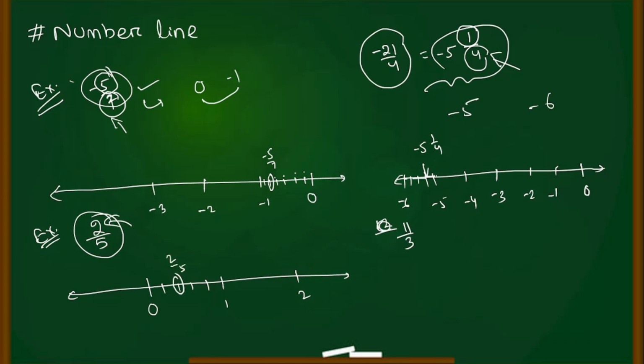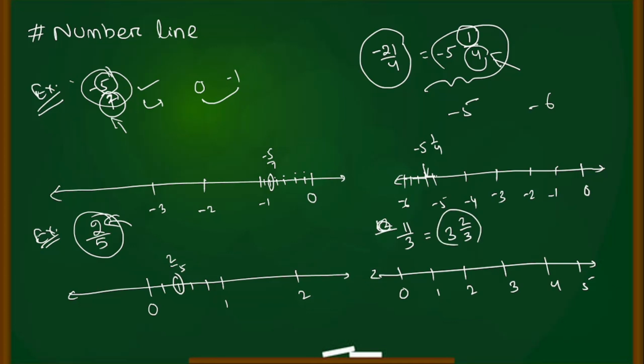Here is 11 by 3. First we convert into a mixed number, that is 3 times 3 is 9, so 3 and 2 by 3. Yes or no? Now draw the number line: 0, 1, 2, 3, then 4. This number lies between 3 and 4.